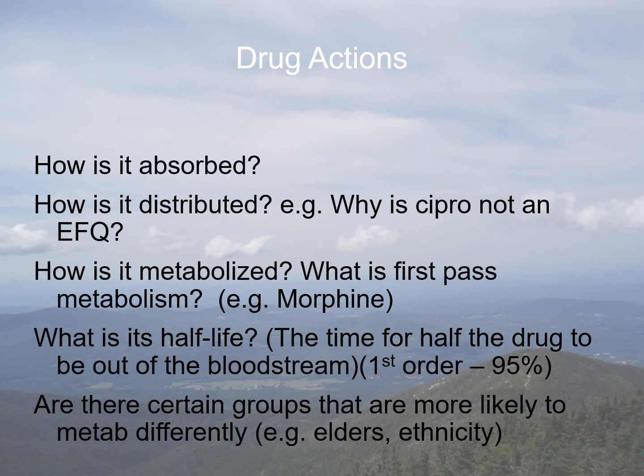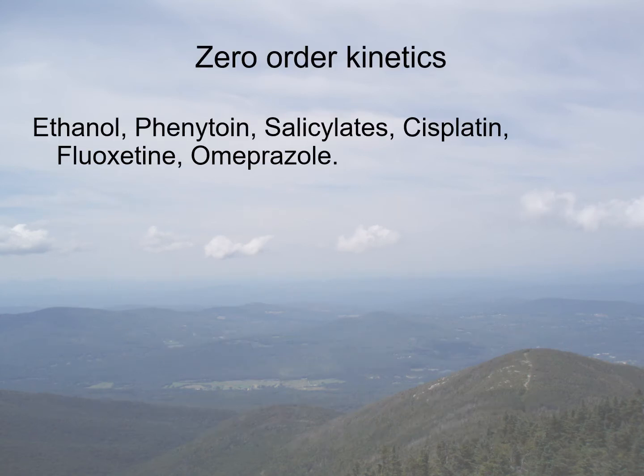I think we're going to understand this better as we do more testing for cytochrome P450 factors. But as of right now, we don't do that all that often. So just to remember, zero order kinetics: ethanol, phenytoin, salicylates, cisplatinum, fluoxetine, and omeprazole. Several of these are drugs we use pretty commonly.